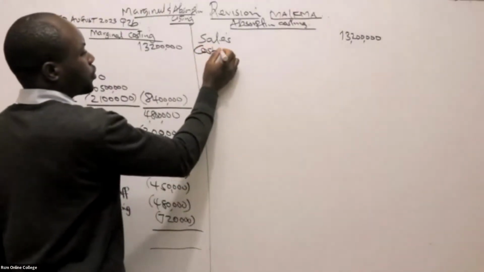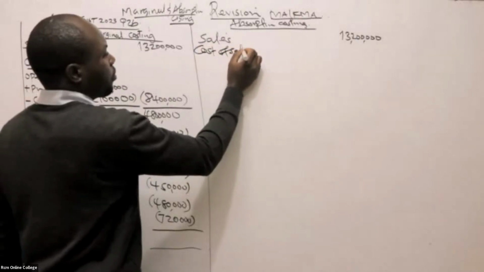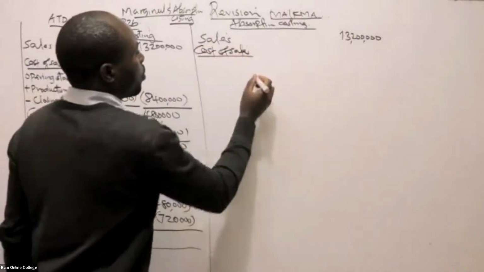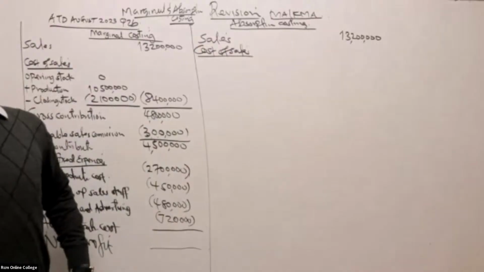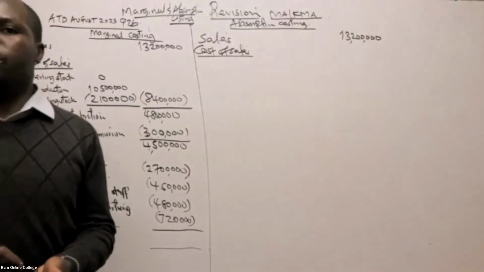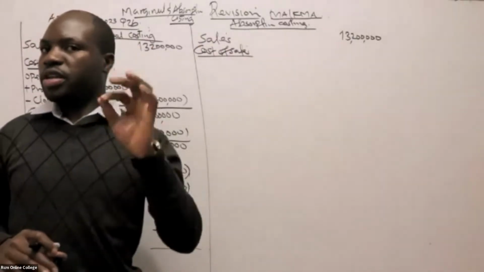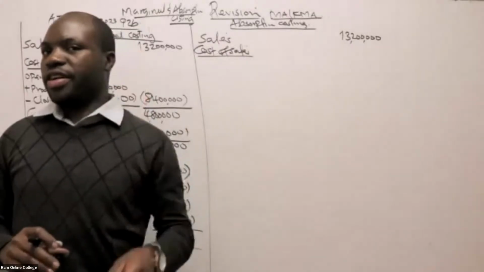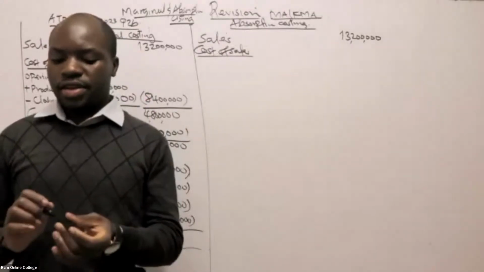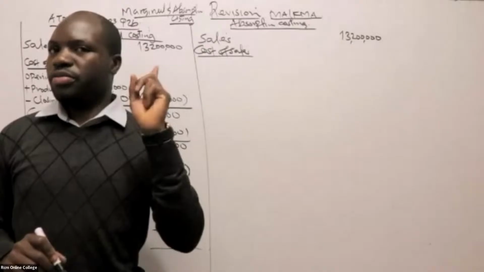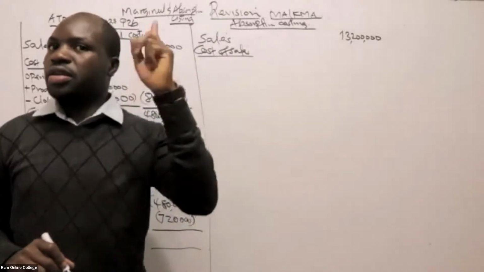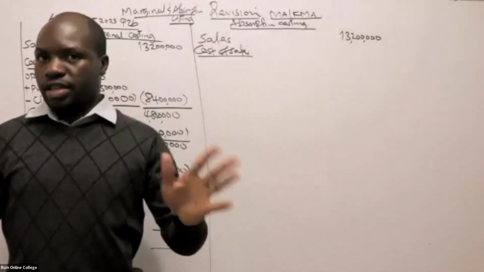Under absorption costing, we include what we call the fixed production overhead as part of product cost. The moment you bring in fixed production overheads or fixed expenses, we no longer call it contribution margin. We now call it gross profit, net profit.